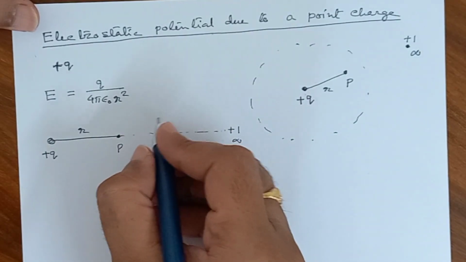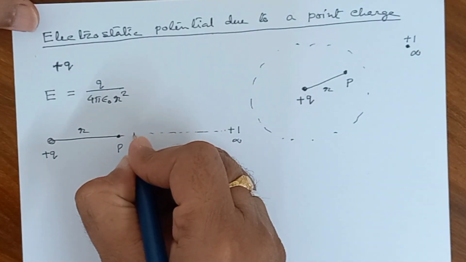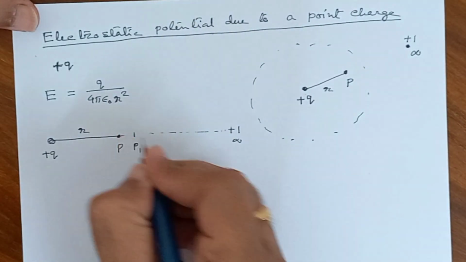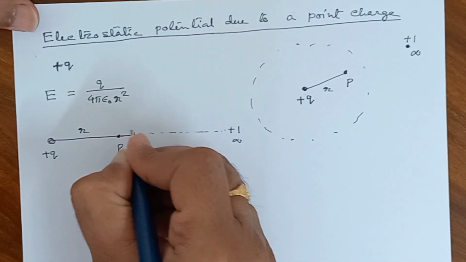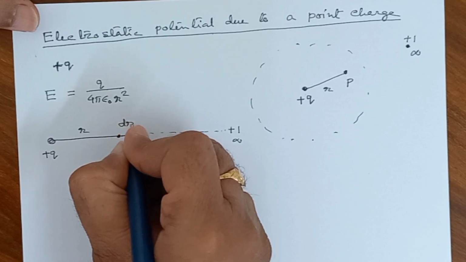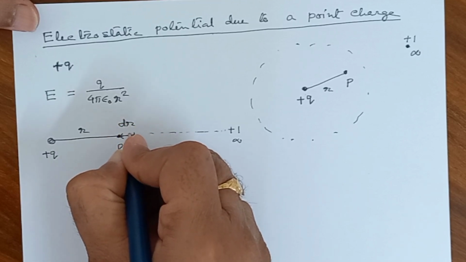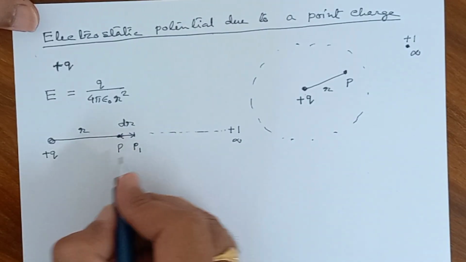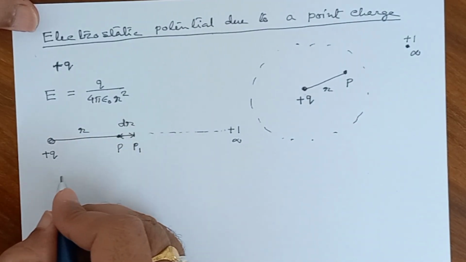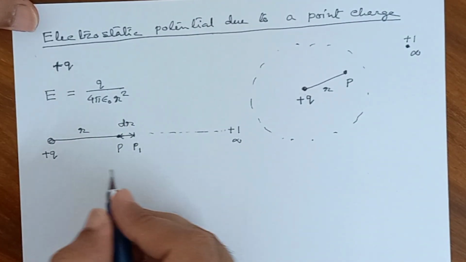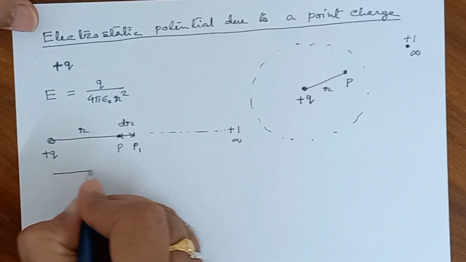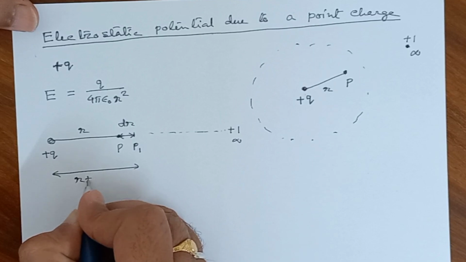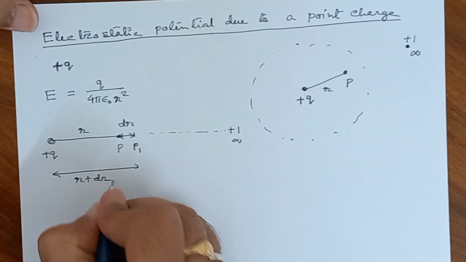Suppose there is another point, say P1, which is at a distance dr from point P. Therefore, the distance of P1 is R plus dr.